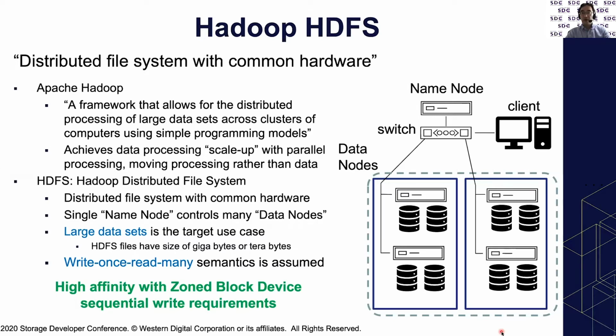HDFS has a name node to control the whole data in HDFS. It also has many data nodes with storage. HDFS can have as many data nodes with storage as we want to support scalable data size.